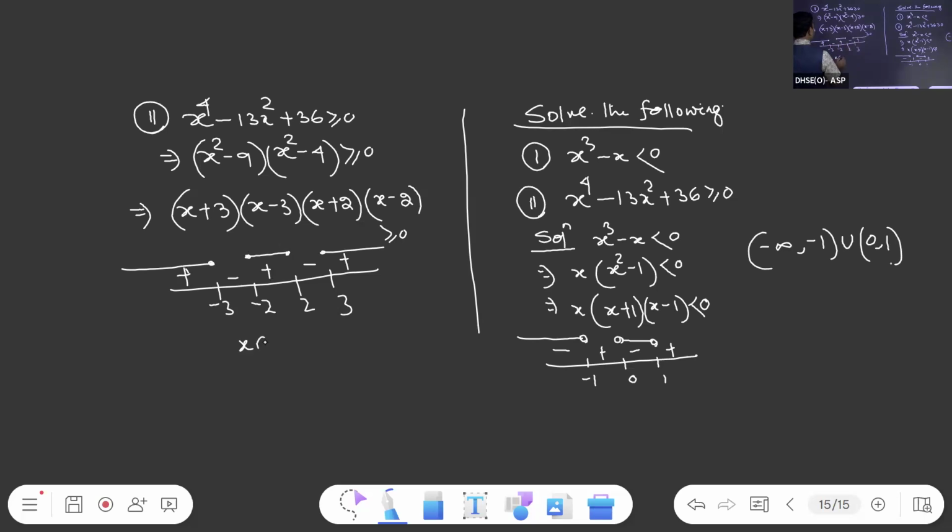So x belongs to minus infinity to minus 3, union minus 2 to 2, union 3 to infinity. Clear?